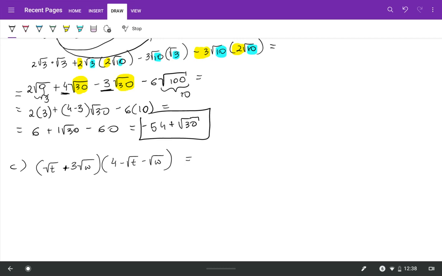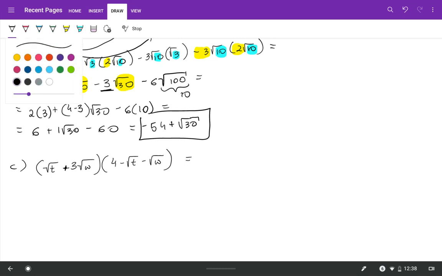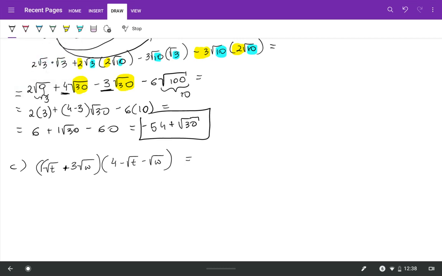Okay, so just be careful. We're going to multiply each by each. So first what I'm going to do, I'm going to take that square root of t and multiply by each. So square root of t times 4, or you may think about 4 times square root of t, will give us, just copy, 4 square root of t.